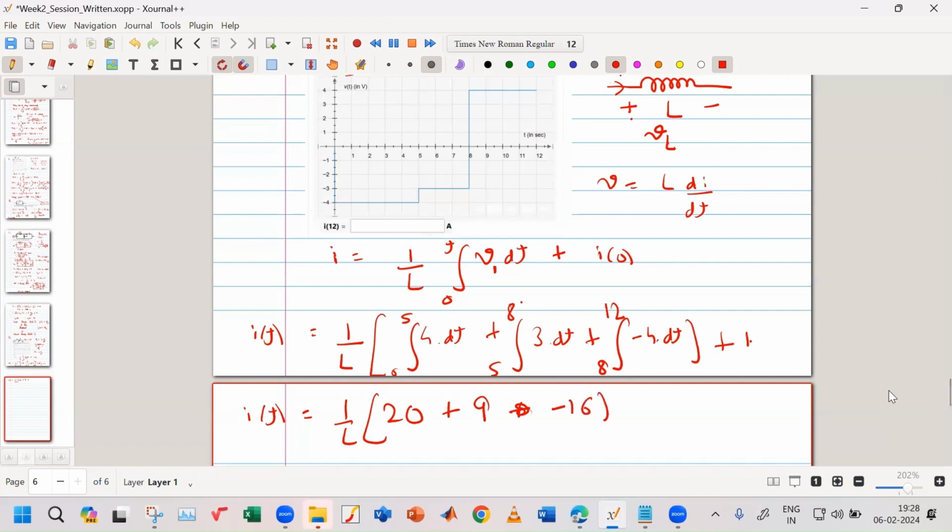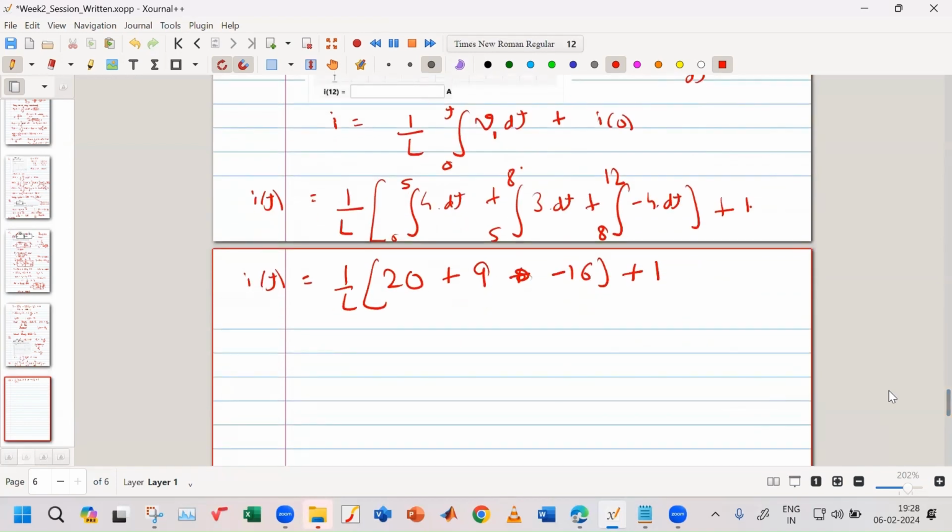So this will be -16 plus 1. So I of t at t equal to 12.